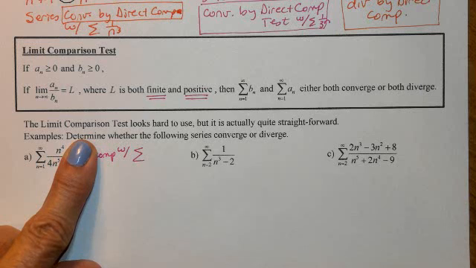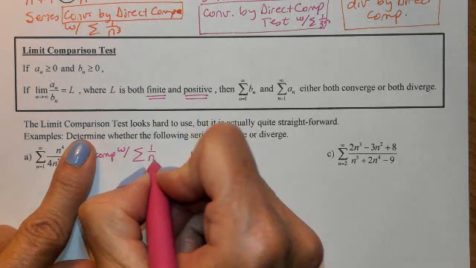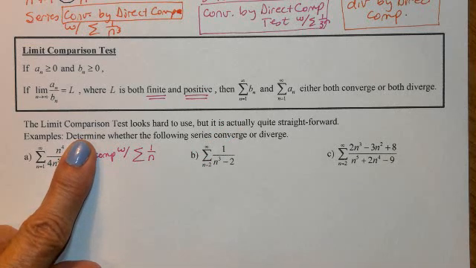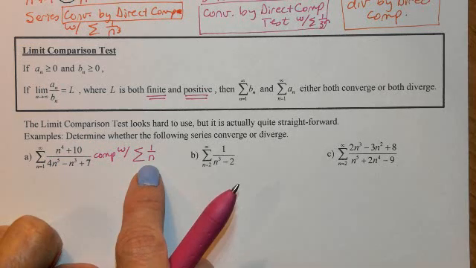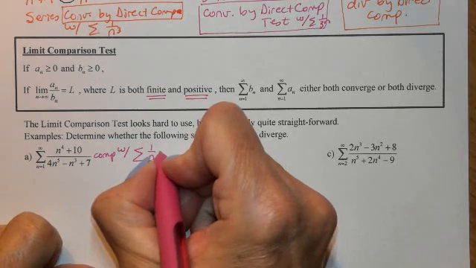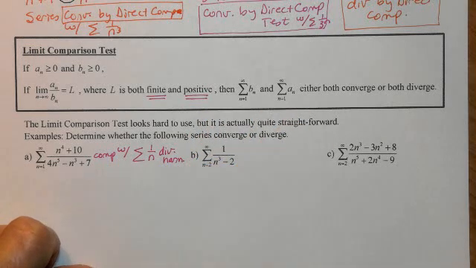I'm just going to compare it with 1 over n. You could compare it with 1 over 4n, and you get the same answer. But I'm just going to compare it with 1 over n. That's my harmonic. This diverges. It's the diverging harmonic.